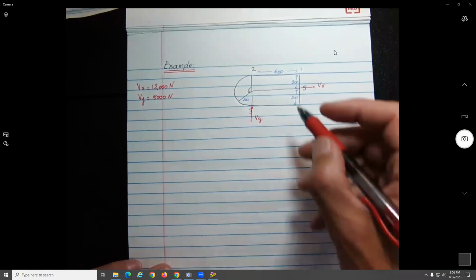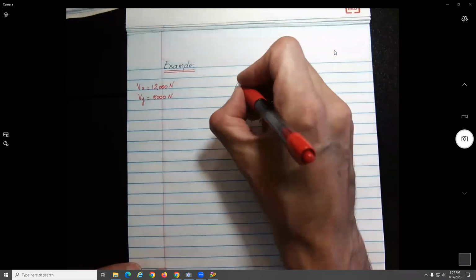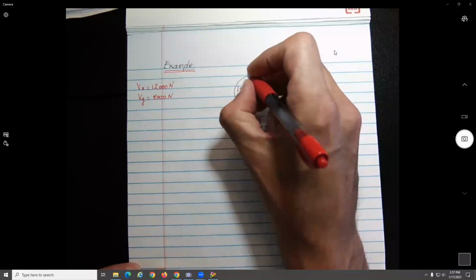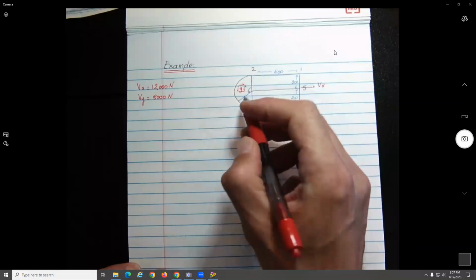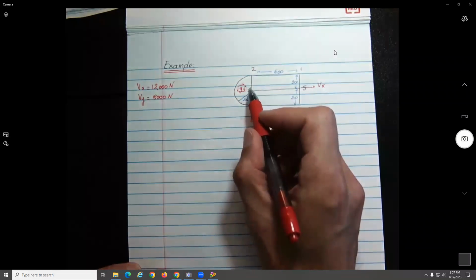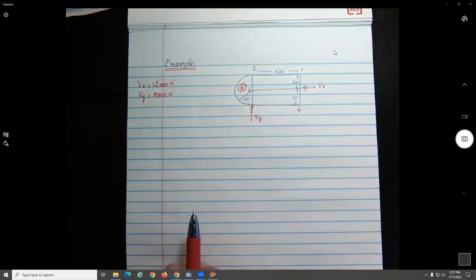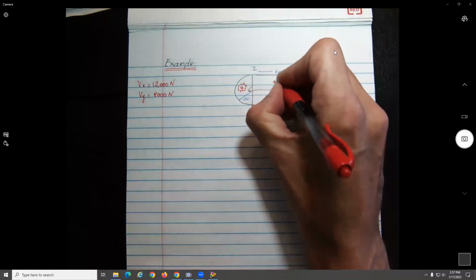So again, you have panels on each one of these members. So here you have Q1. I think we already mentioned why they follow this direction: because you need to be able to use summation of forces equal to 0, so it needs to be 0 in the x and y direction. So it will be Q1. Here you will have Q2.